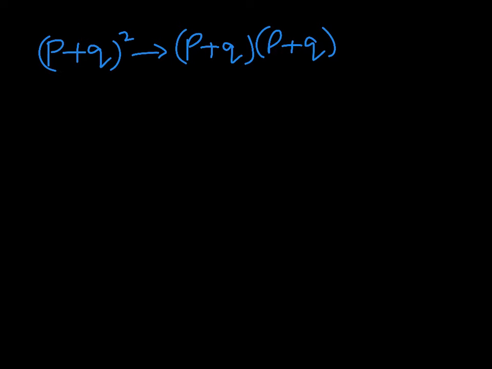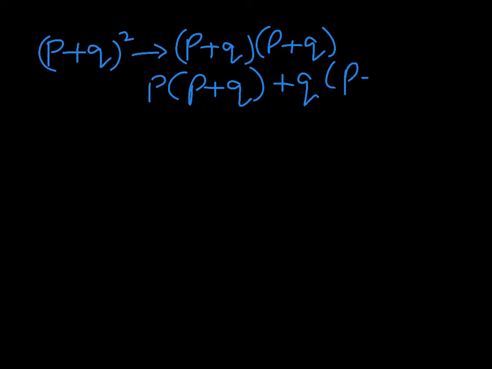Just like we have always expanded brackets, the same way we're going to apply that here. We're going to transfer all the contents of one bracket to the other bracket. What I mean by transfer is distribute, isn't it?